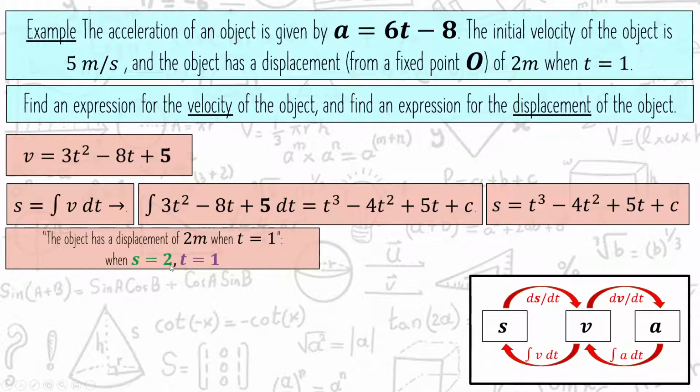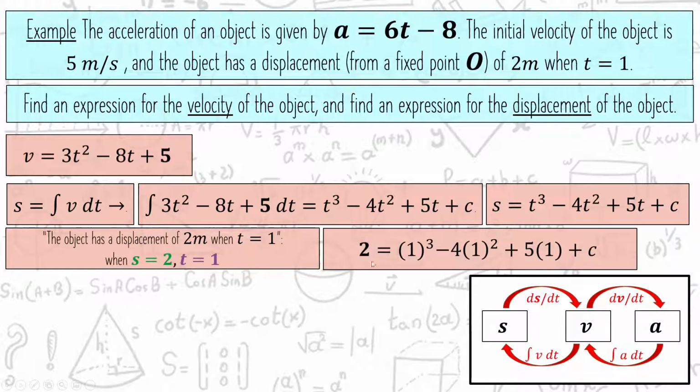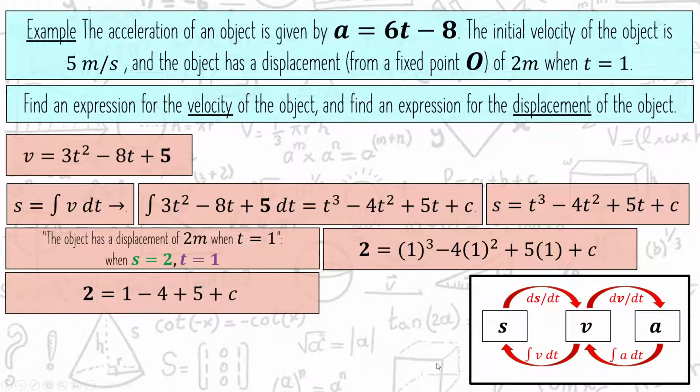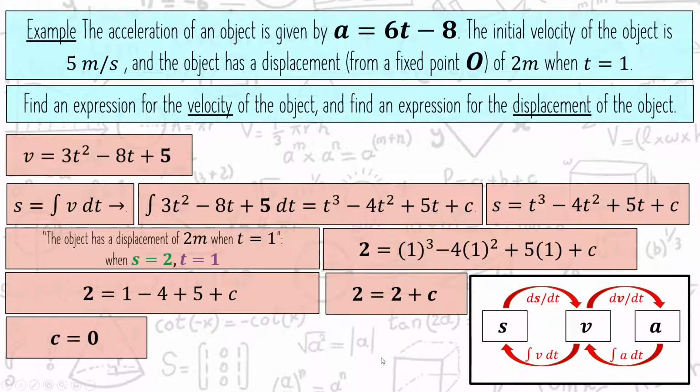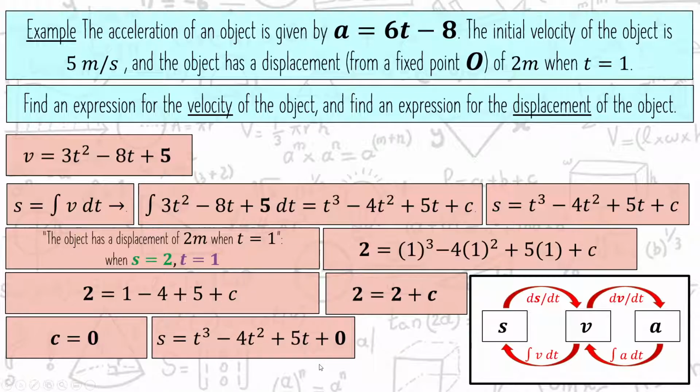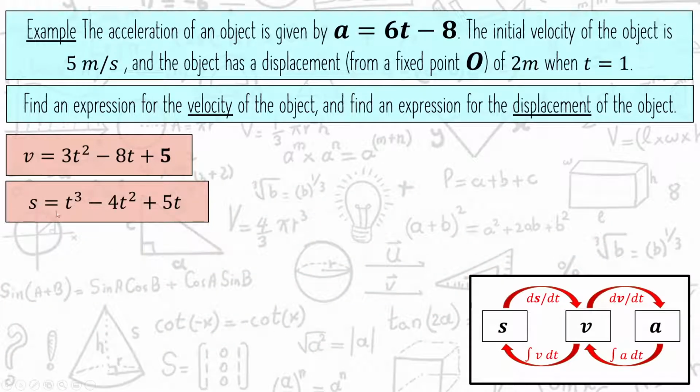So I can replace s with 2 and t with 1. I'll sub them in once again. And if I tidy up this right-hand side a little bit, we should eventually end up with 2 equals 2 plus c. And that, of course, implies that my constant in this instance is going to work out as 0. So I can plug that 0 back into my displacement formula, and I can just ignore this bit at the end. Here's my displacement equation.